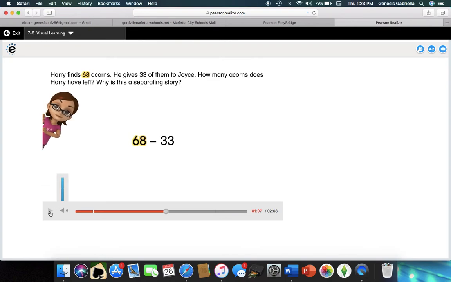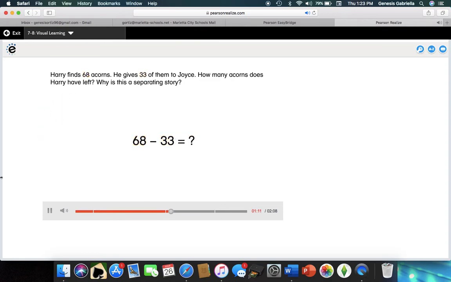Why did it pause? All right, so they basically already wrote their story based on 68 minus 33. And this is a separating subtraction story, not a comparing, because they're not comparing two different amounts, right? They're losing, which means it's a separating story. Let's see what they did here. 33 of them to Joyce.